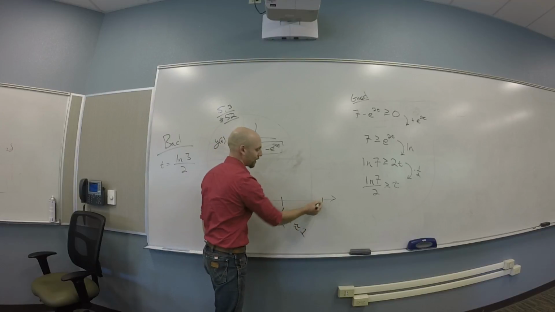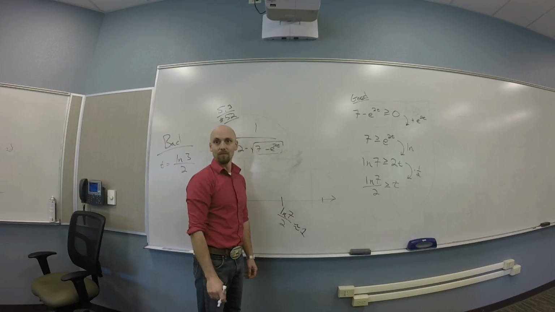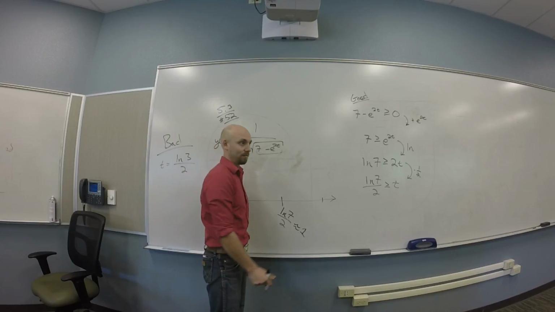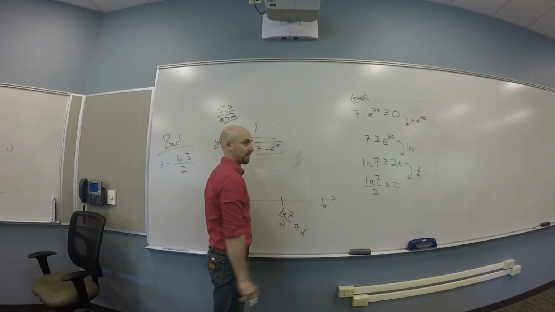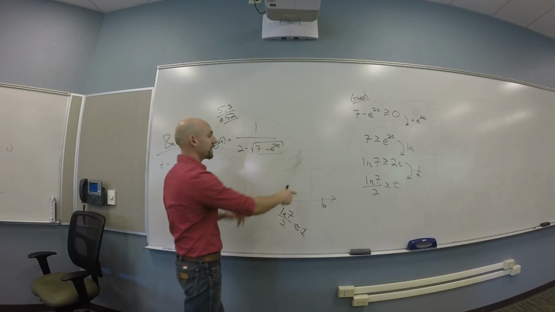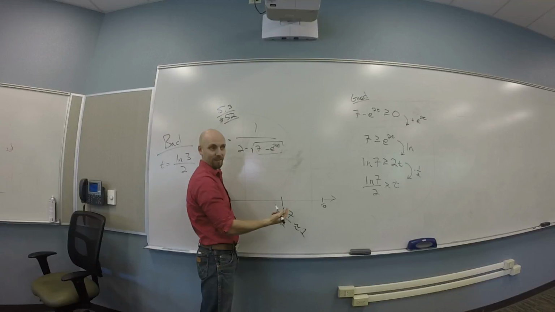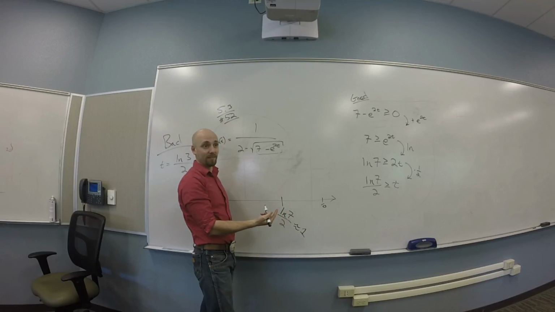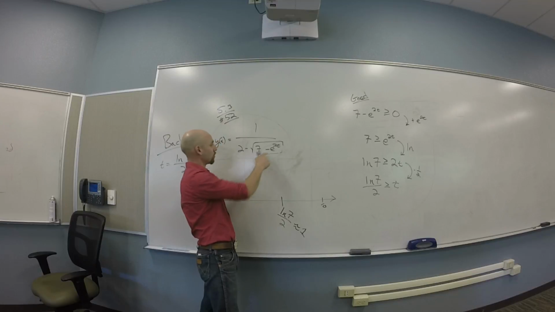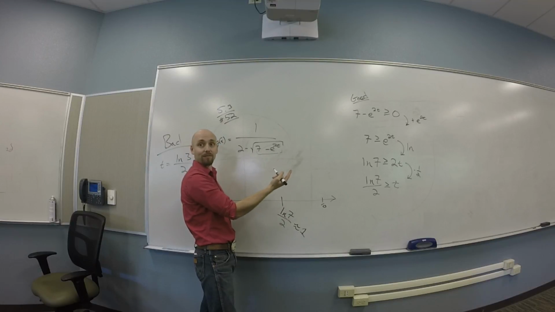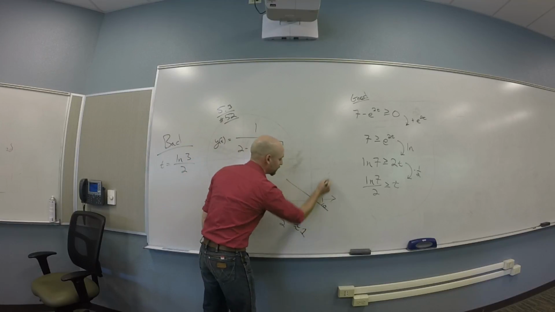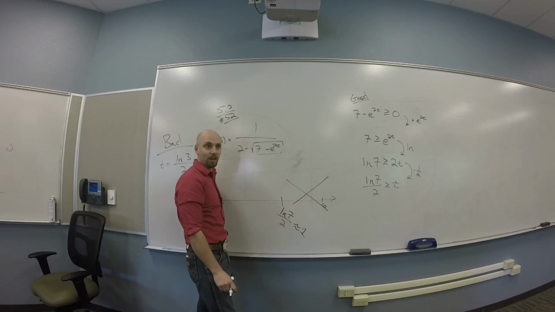So I'm going to go up here and pick a number, like 10. And then I'm going to put that in under the radical and check. So I got 7 minus e to the 20th. E to the 20th is a huge number, right? When you subtract that from 7, that's going to be negative. So this stuff is not allowed.